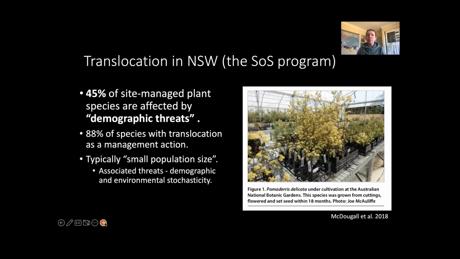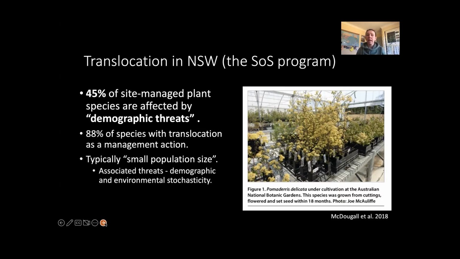Well, 45% of these site managed plant species were being listed as affected by demographic threats. What is a demographic threat? Well, when you dive into it, it's usually the threats associated with having a small population size, like demographic stochasticity, like inbreeding or environmental stochasticity.